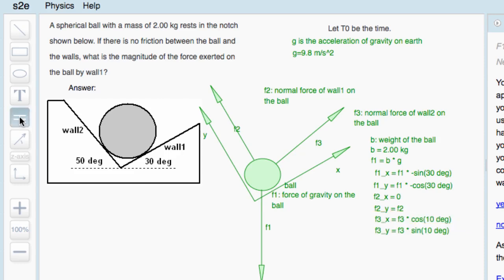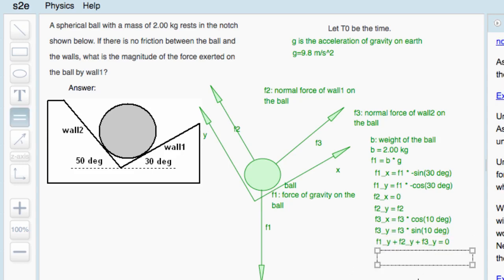So let's go ahead and say F1y plus F2y plus F3y equals 0. So all of the forces in the y direction should sum to 0, according to Newton's second law that we figured out for our strategy long ago. Click enter, and it accepts that.